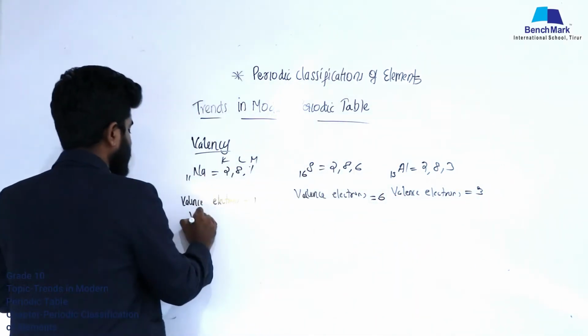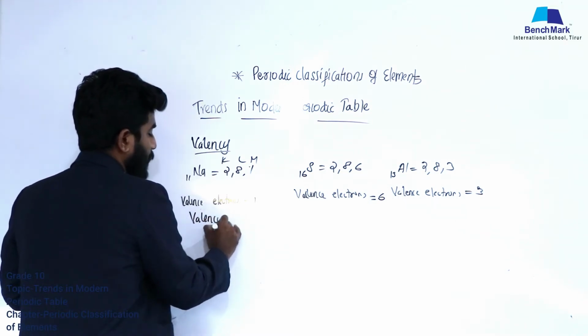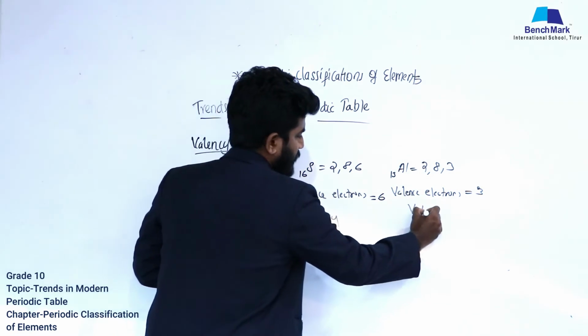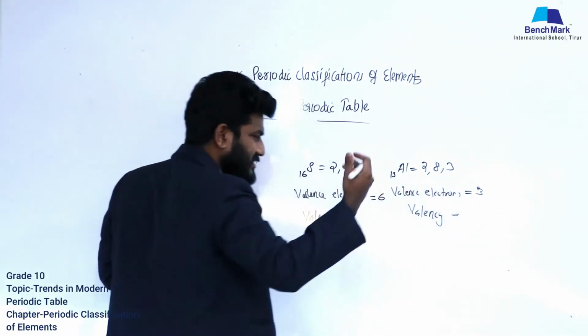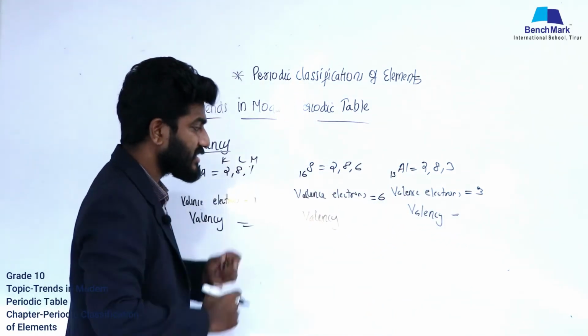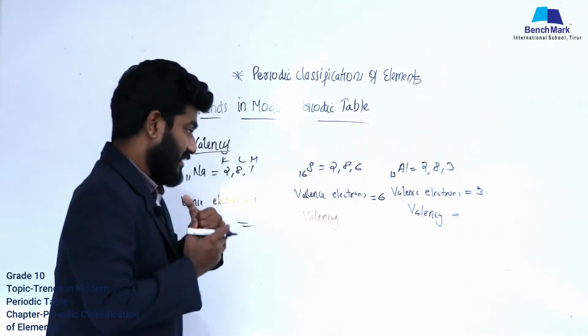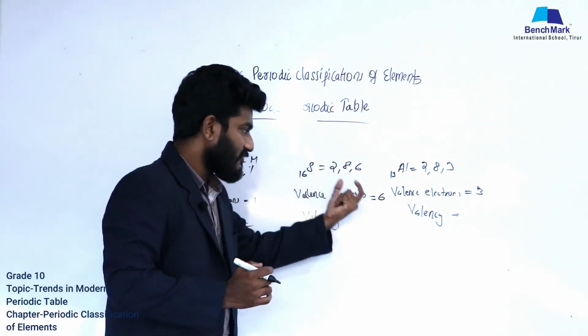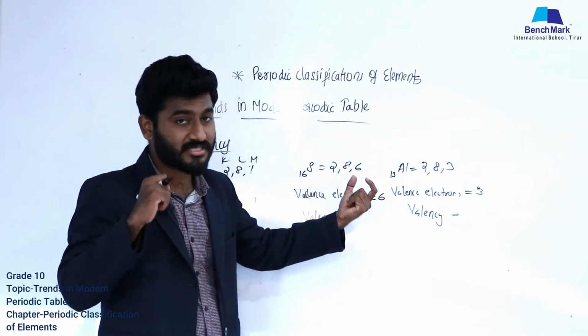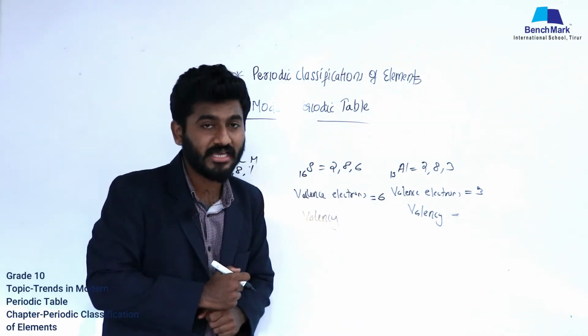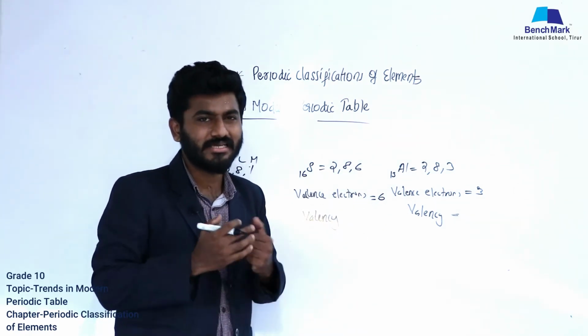And from the valence electrons, how will we find out valency? It is also easy, because we have already studied these things last year, in grade 9. If the electronic configuration is given, valence electrons can be easily found out, and if the valence electrons are available, valency can be easily determined.